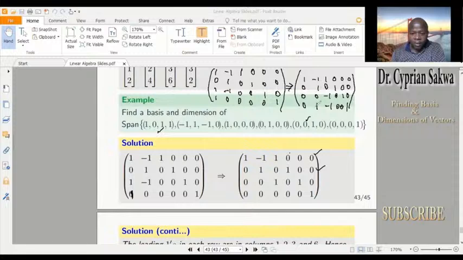So this is where I have a problem. I need a 0 here. So I need only to subtract this row from this row. When you subtract this row from this row, 1 from this, it will give us 0 here. Then 0 from negative 1, I will have negative 1. Then 1 from 0, I would have negative 1 in this position.